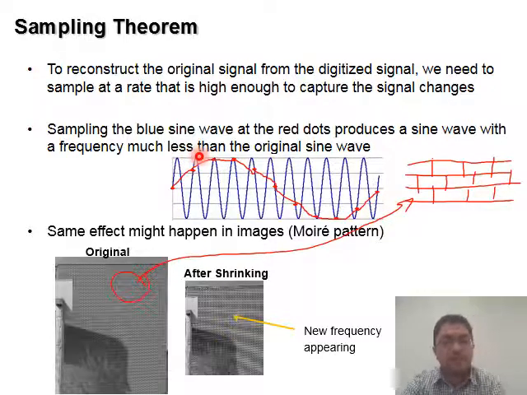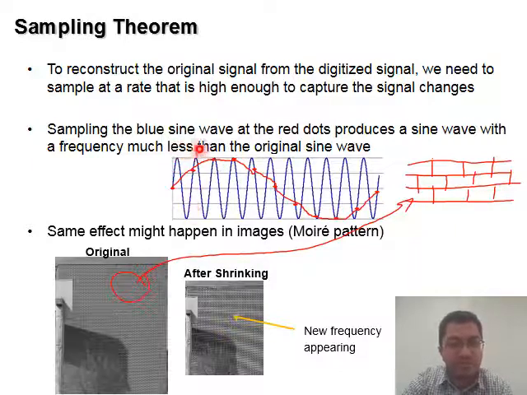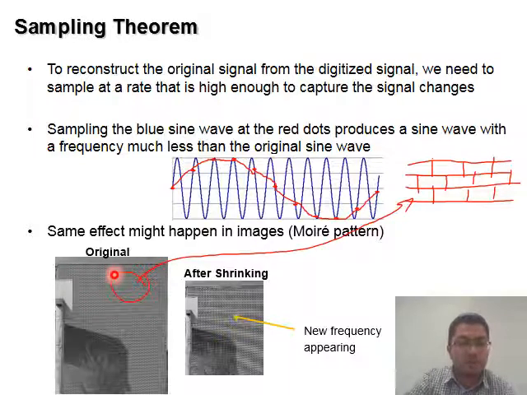So 1 over the period, you get the frequency. Now, the frequency in that case represents something that gets repeated. If you look at this image here, we have lines, bricks that get repeated over and over. You see this line, this line, this line, these lines are getting repeated.